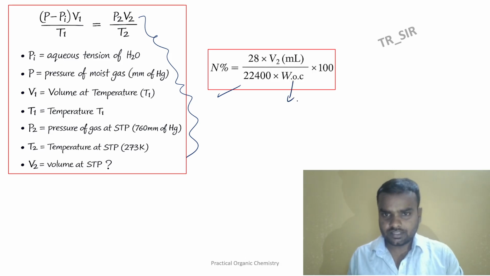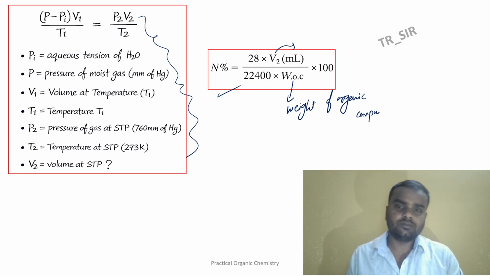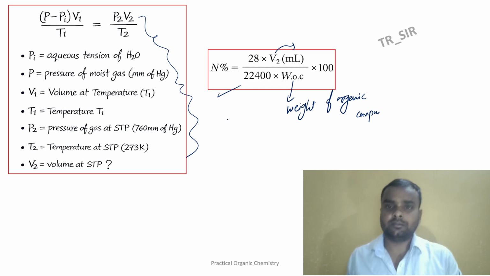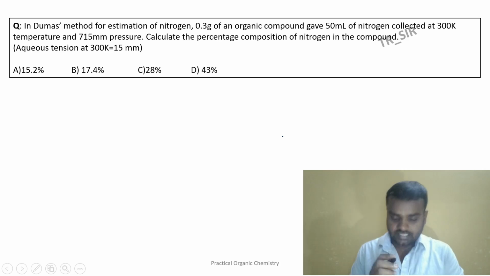This represents the weight of organic compound. This is the volume in ml. This is the molecular mass of N2. This is the volume, 22.4 liter, which we converted into ml, 22400 ml.